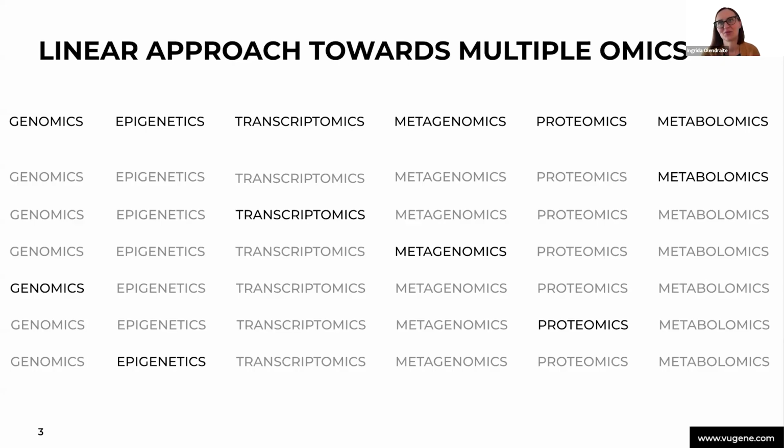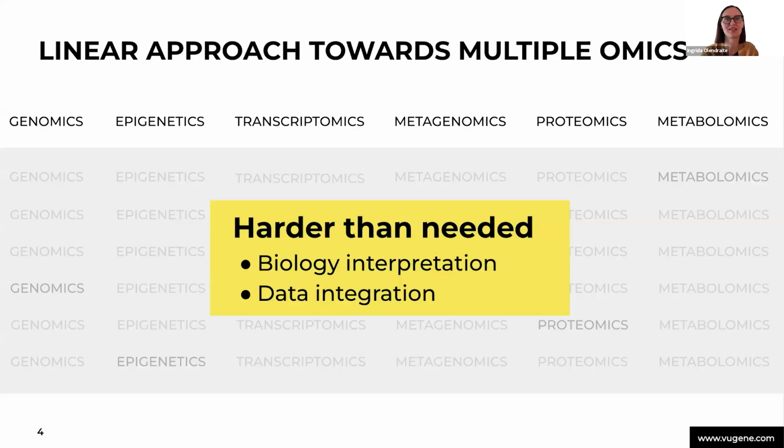People are sometimes scared to go into proteomics or metabolomics, or if you're a metabolomics lab, maybe you'll do proteomics, but epigenetics is too far away. Maybe sequentially at some point you'll get there. But this linear approach towards multiomics is actually harder than needed because it makes biology interpretation really hard, and data integration is also hard because we have different time points, different samples, different patients, and so on.